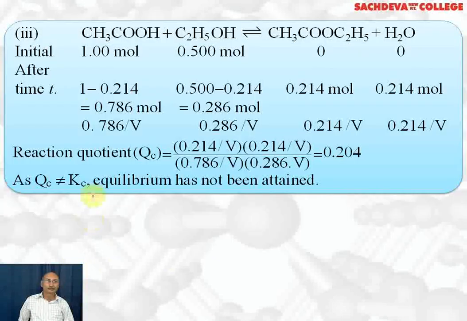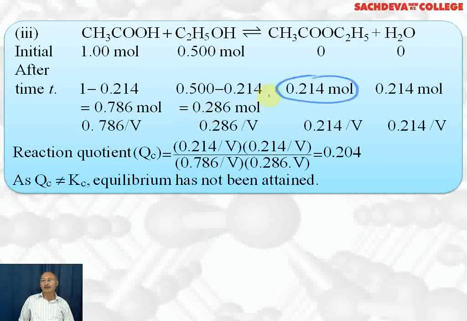Now if you find out Qc, initial concentration is 1 mole acetic acid, 0.5 mole of ethyl alcohol, ethyl acetate is 0, water is 0. Here 0.214 moles of acetic acid has reacted, so remaining is 0.786 moles. Similarly, out of 0.5, 0.214 moles of ethyl alcohol has reacted, remaining is 0.286 moles.